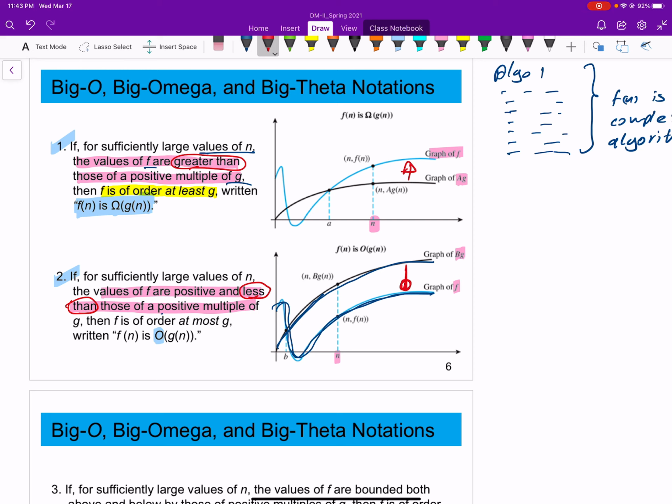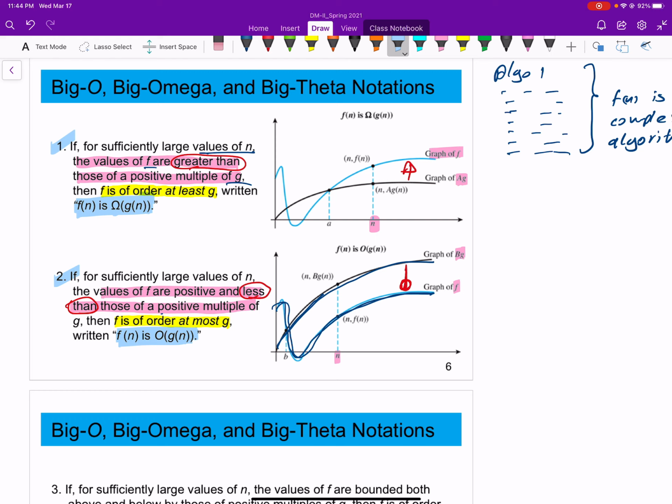Here this is the positive multiple of g, bg. And then how do you read this? We call f is of order at most g, and we denote that by this. This is how you denote the computational complexity in terms of the big O notation.